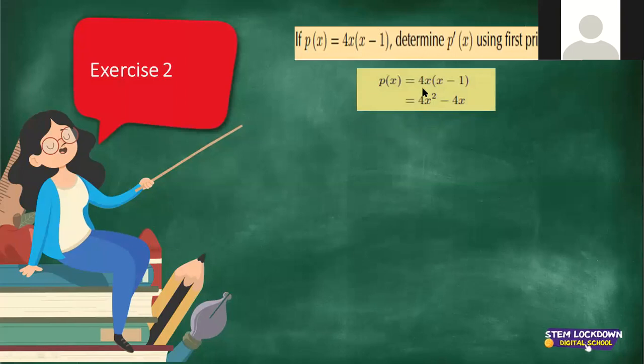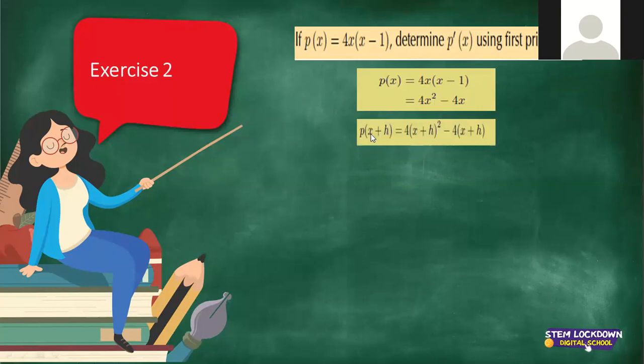You go 4x multiplied by x, which is your 4x squared, and then 4x multiplied by -1. So positive times negative is negative. And then that times 1 is 4x. So you simplify it first so that it's easier for you to see that in the place of x, you're going to replace with x plus h.